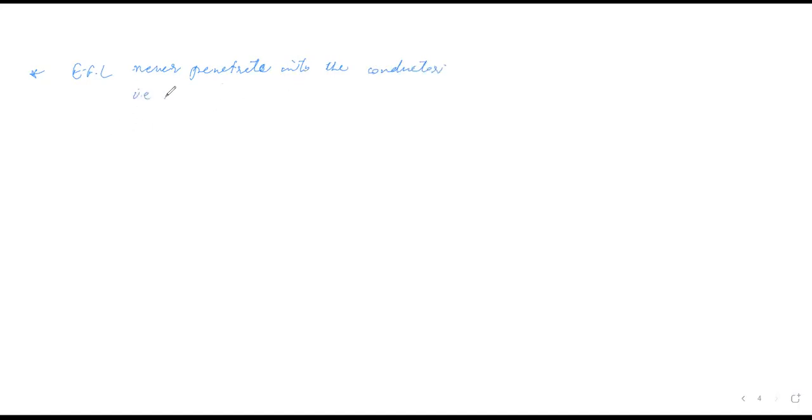I mean electric field lines always start from the surface of a charge and terminate at the surface. They never enter inside the conductor.